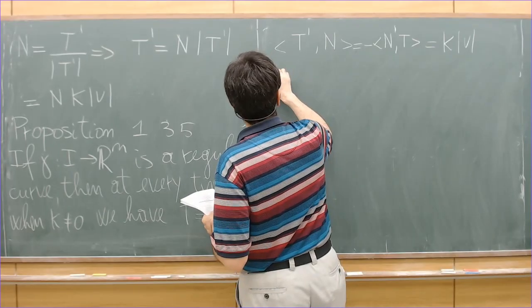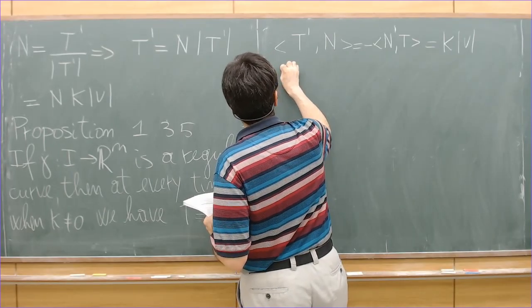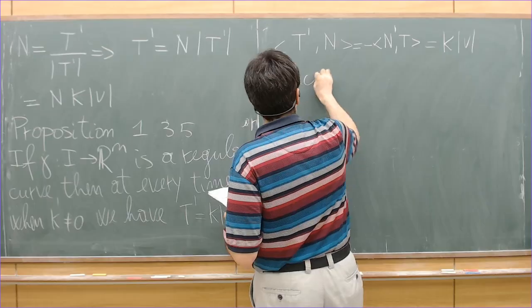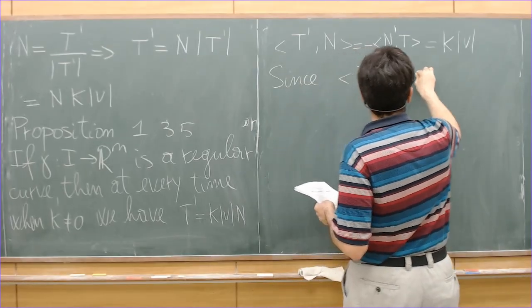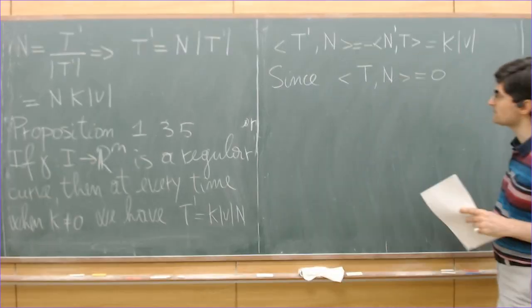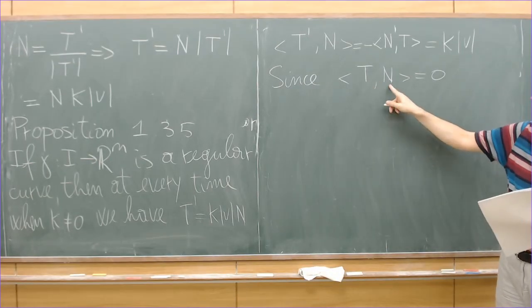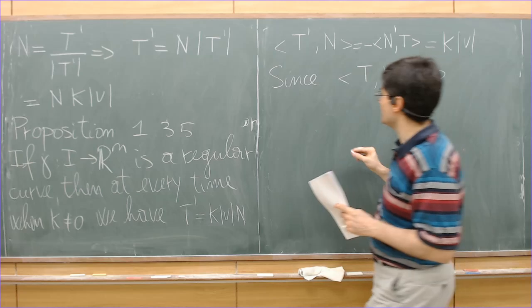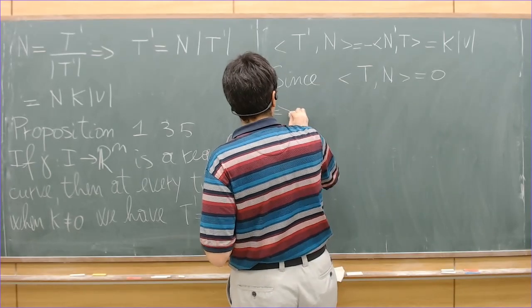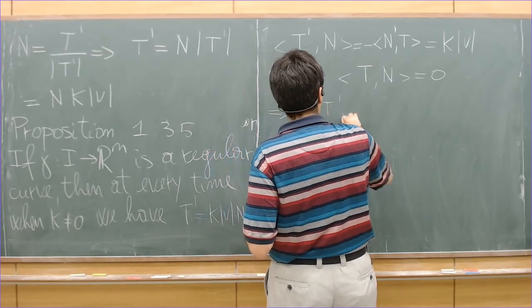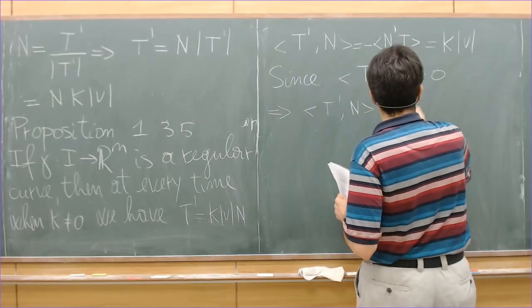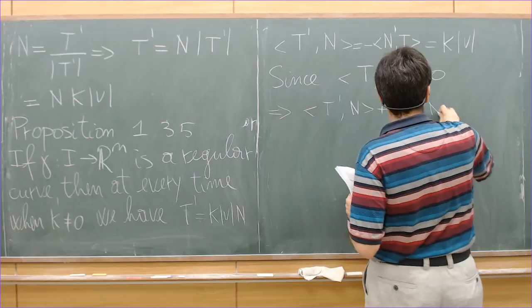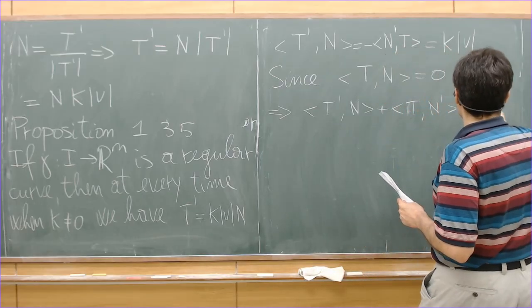Simple. We observe that the inner product of t and n is 0 because t and n are orthogonal. Then by differentiation we get t prime n plus t n prime equal to 0.